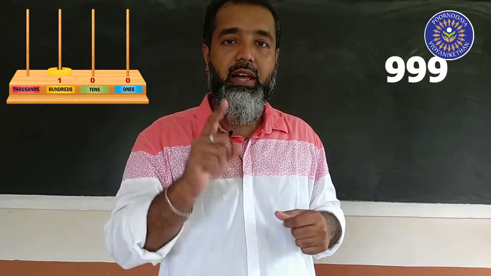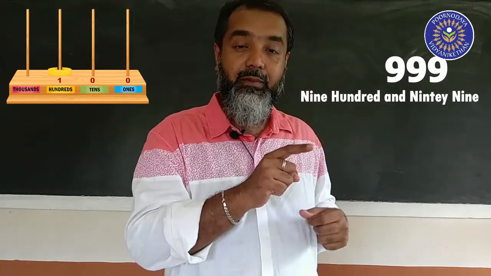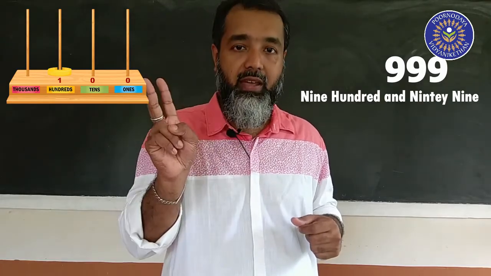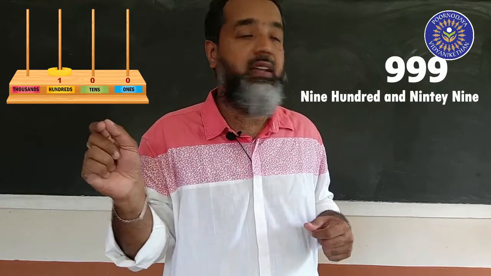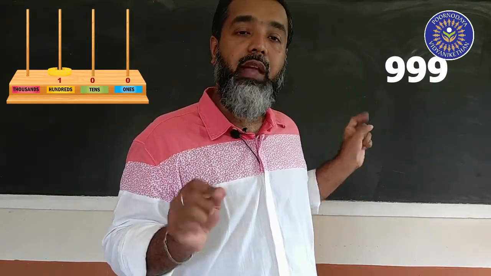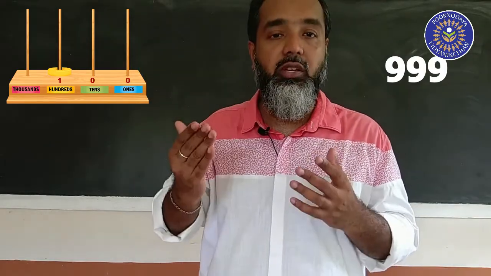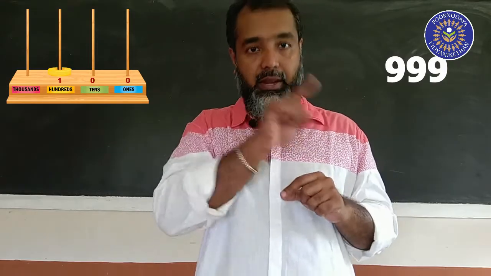That would be 9, 9, 9. 3 times 9, 999. That is the highest, largest 3-digit number. Okay, 3 nines.